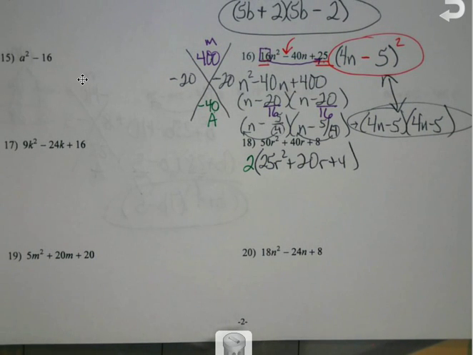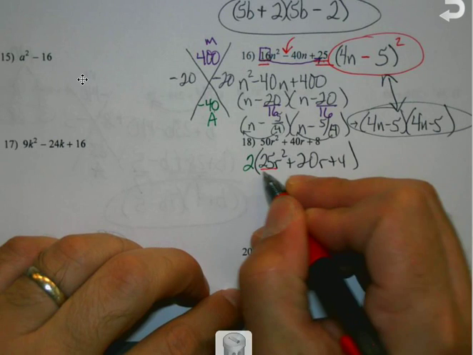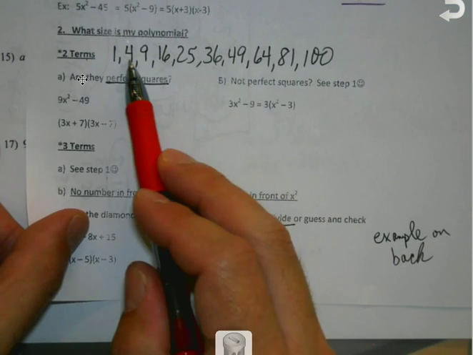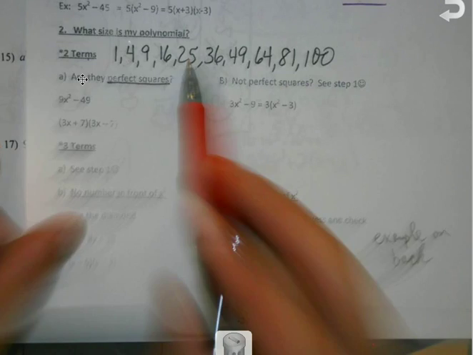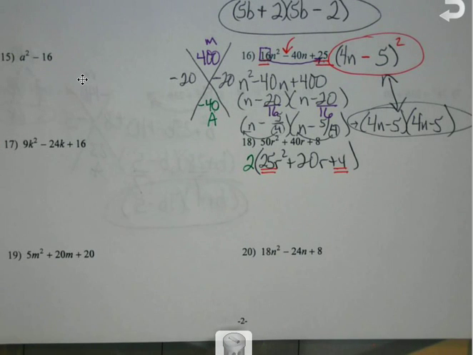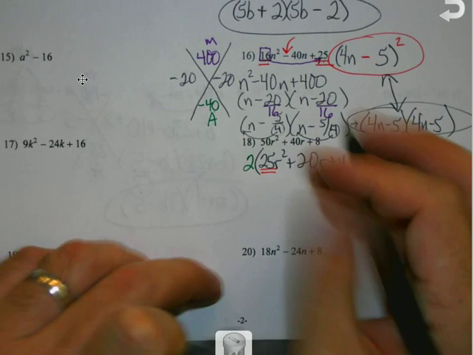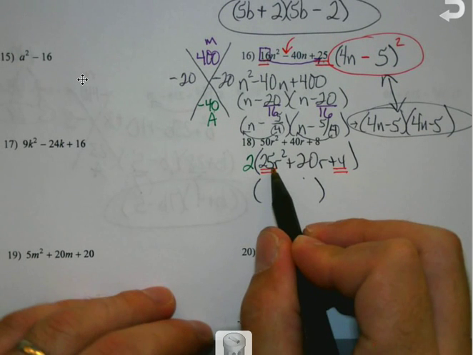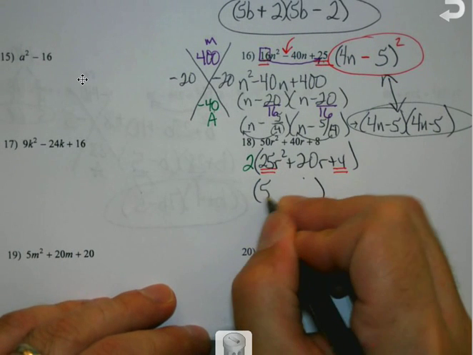Look back at 16 for a minute and think about it. Do I have to slide and divide on 18? No. 25 and 4 are perfect squares. So I can make this go a whole lot faster by saying, what do I square to get my first term? 5.